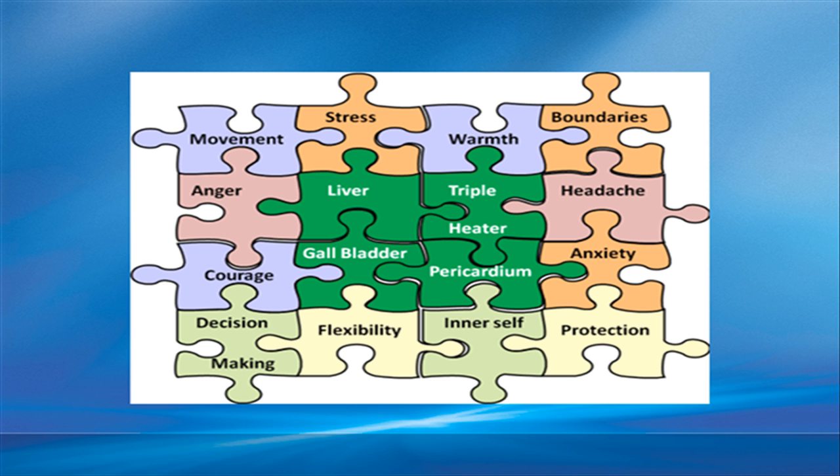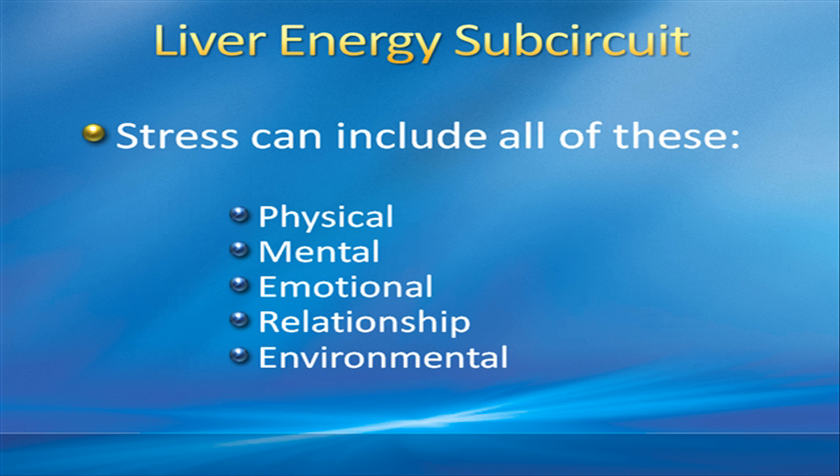I have found that the liver energy subcircuit is really important as the energy reservoir that helps us deal with stress in any shape or form, be it physical, emotional, mental, relationship, and even environmental. How sensitive a child is to their surroundings comes under this heading as well.